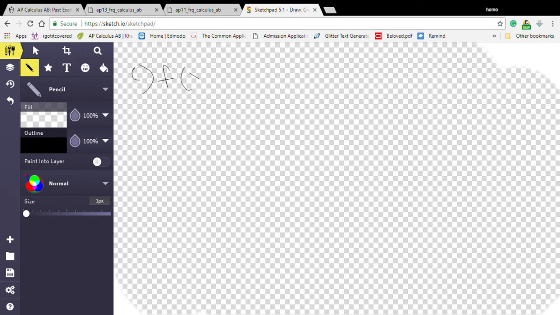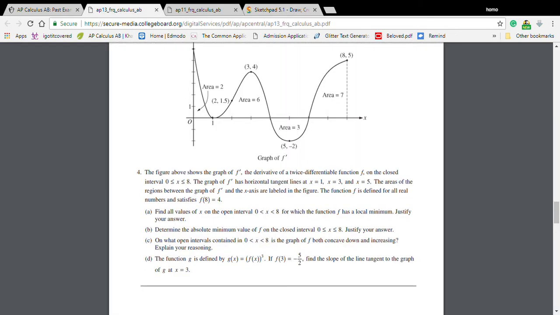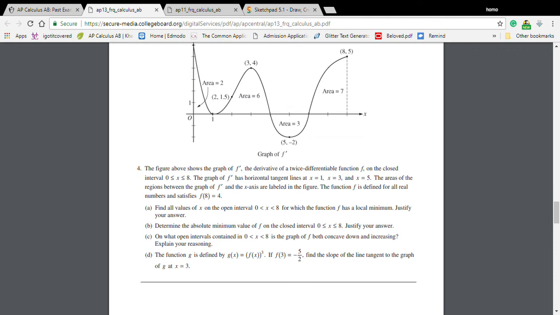We know f of x is concave down when f prime of x is decreasing. So we have to look where f prime of x is decreasing, which is from 0 to 1, and then 3 to 4, 3 to negative 2 actually.